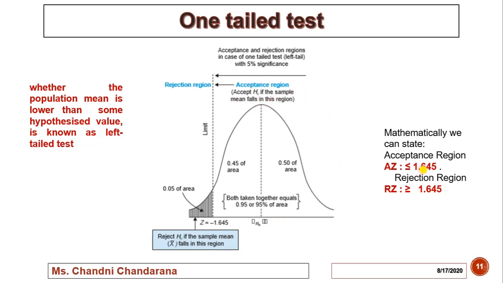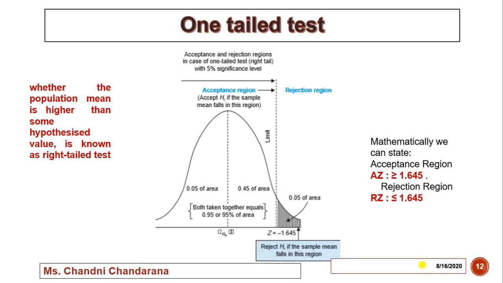Now mathematically we can say when it will be accepted or rejected. If we get a value lower, it will be accepted, and greater means it will be rejected. Now the next is the right-tailed test. What is a right-tailed test? Whether the population mean is higher than some hypothesized value is known as a right-tailed test.